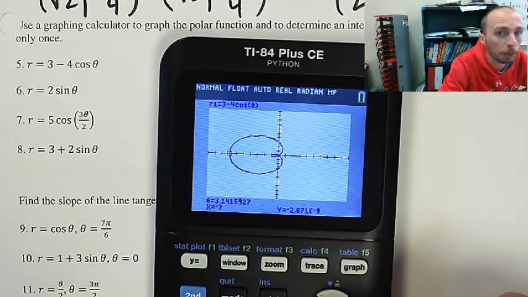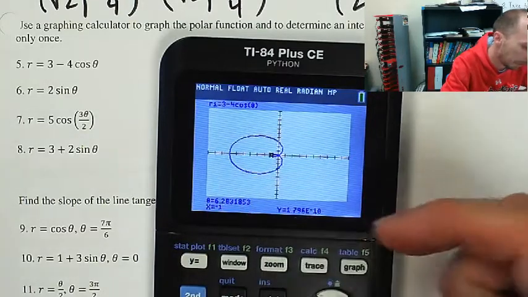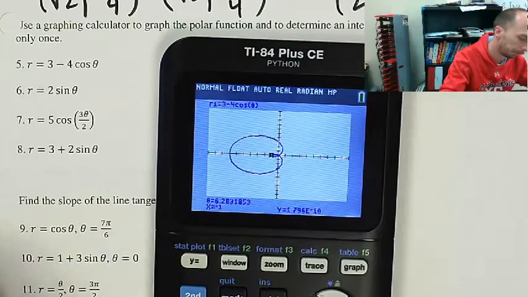That was 24 pi over 24, so it's going to be 2 pi. Yes. And you can even see theta equals 6.28. That's 2 pi, and I ended up at that same -1, 0 spot that I started at. Okay, so this one takes 2 pi.